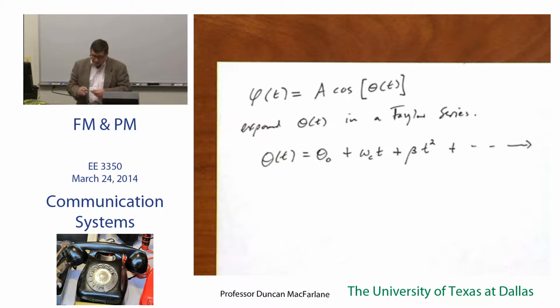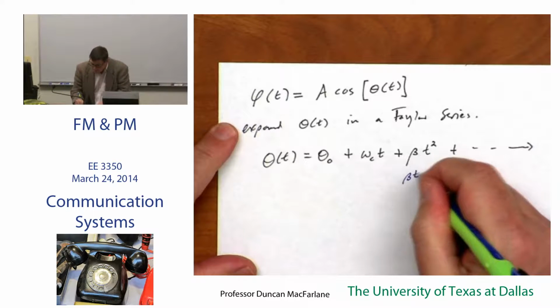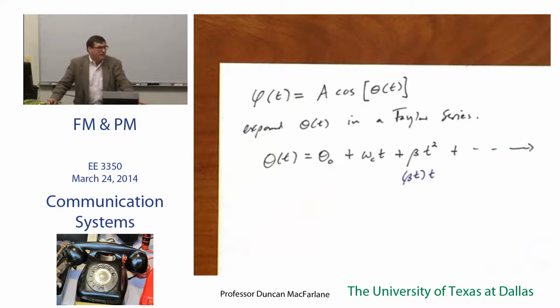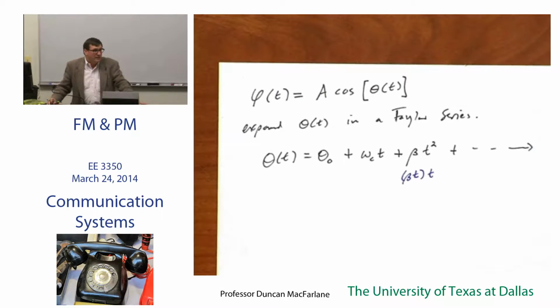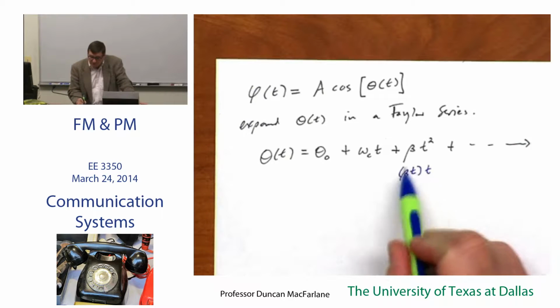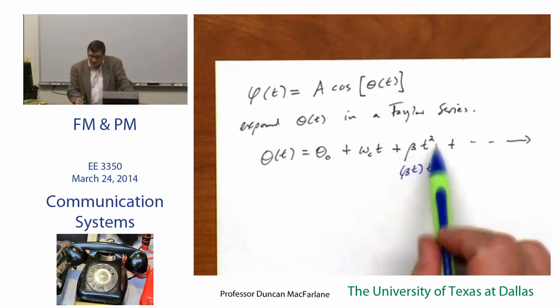This term here, I can further break down to beta t times t. And if I look at this, then I say, okay, the frequency of this term is linearly increasing with time. My phase is quadratically increasing with time.